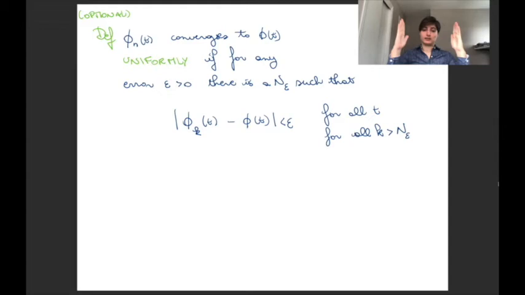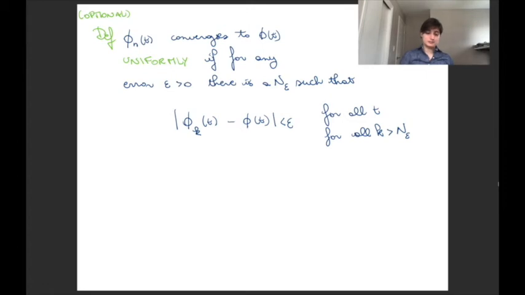It means that in the interval in which a convergence happens, you can fix an error epsilon, and there is a value n that depends on epsilon, such that for all k's bigger than n epsilon, the maximum error you're making between computing phi and computing phi k at any value of t in your interval is smaller than epsilon.